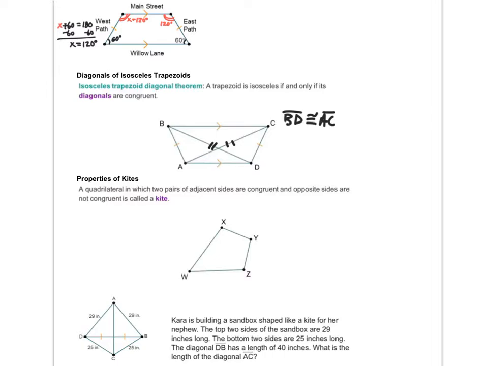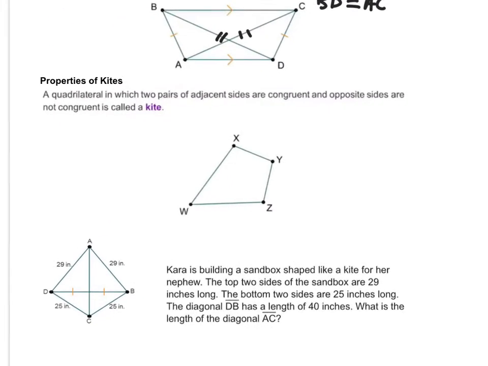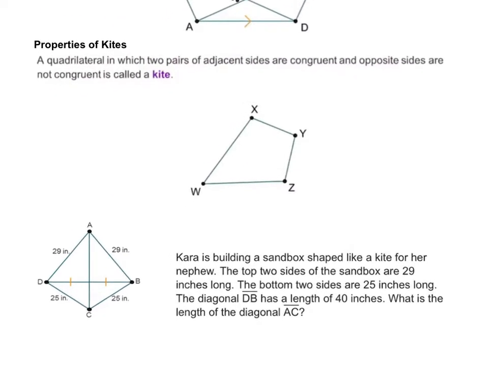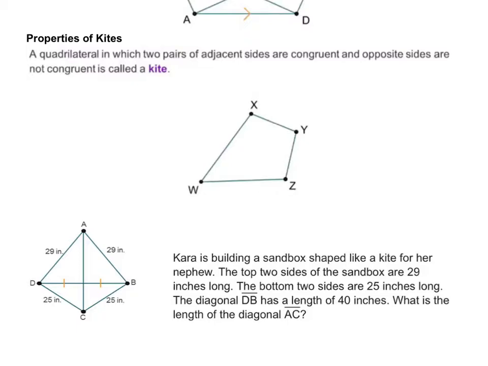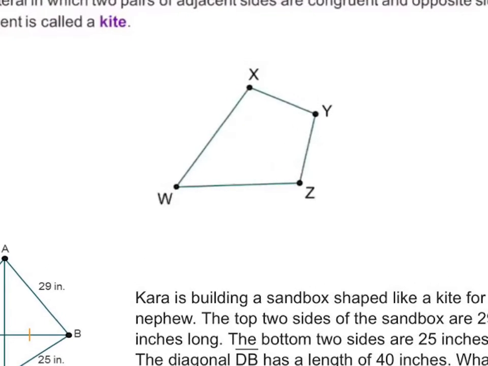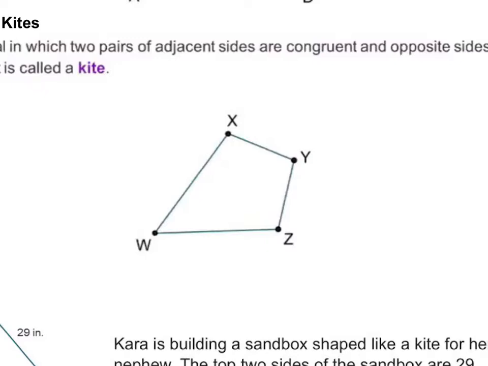All right, the next one, let's talk about properties of kites. A kite is a quadrilateral in which two pairs of adjacent sides are congruent and opposite sides are not congruent. Now with a kite, I've got a few things. I know that WZ is congruent to WX, and then XY would be congruent to YZ.